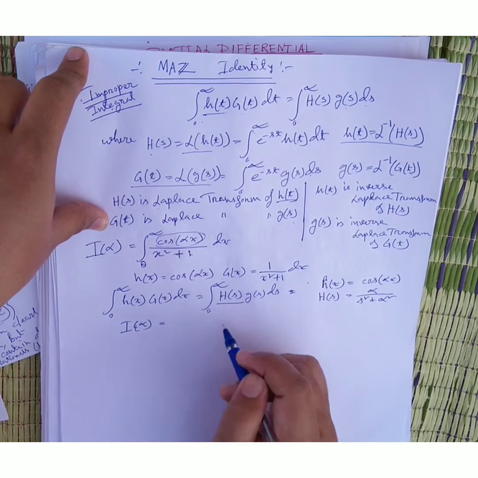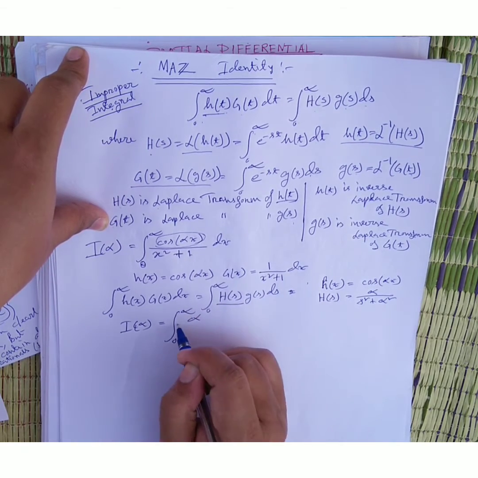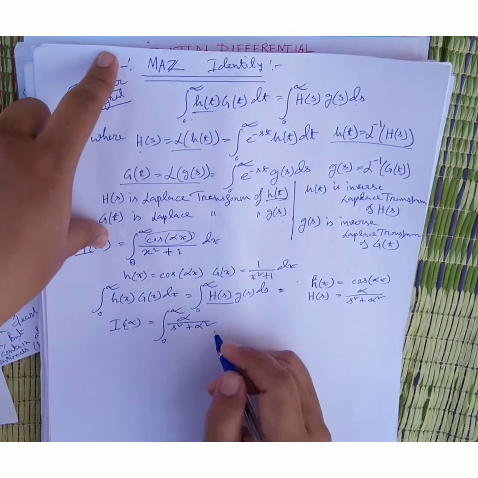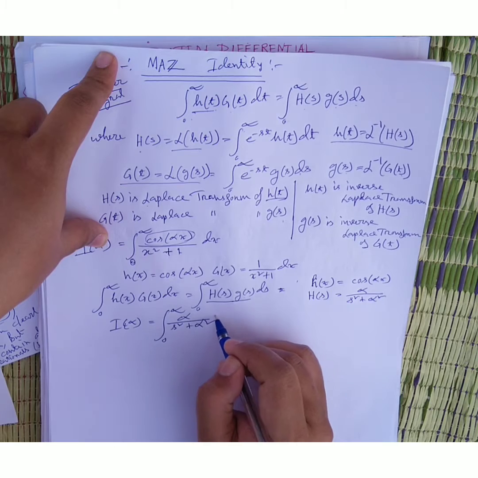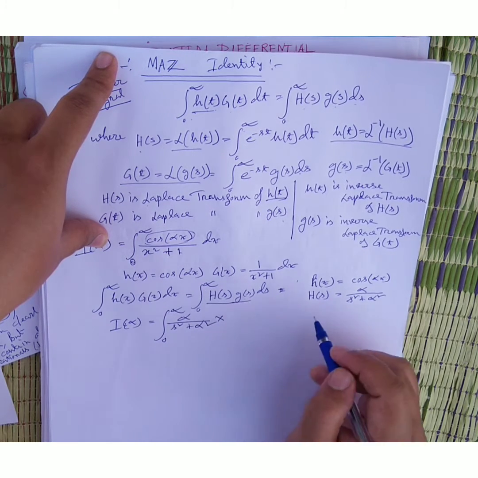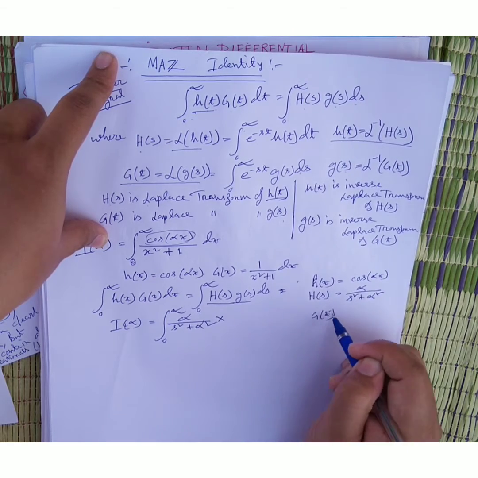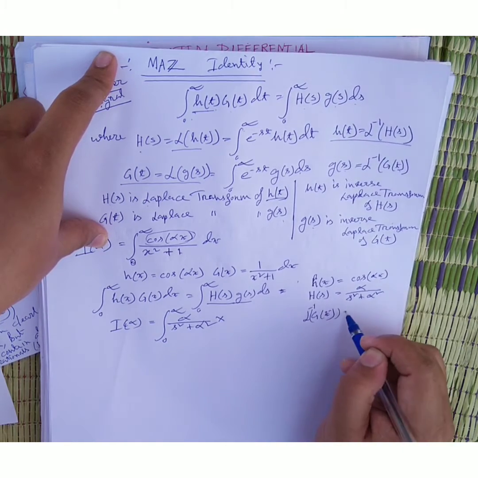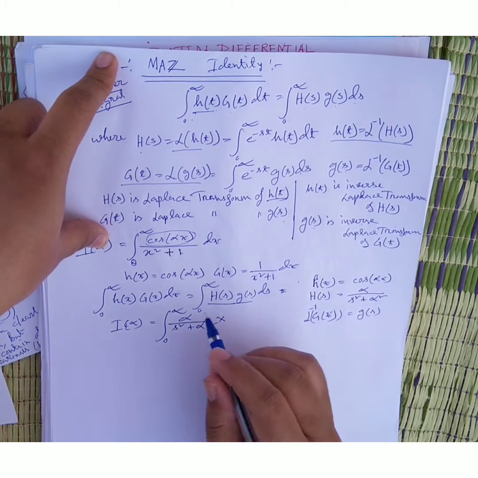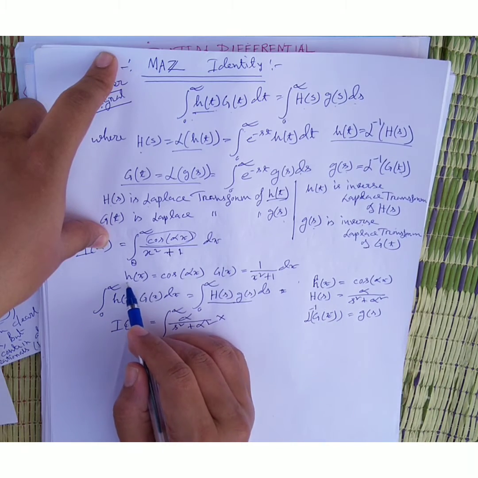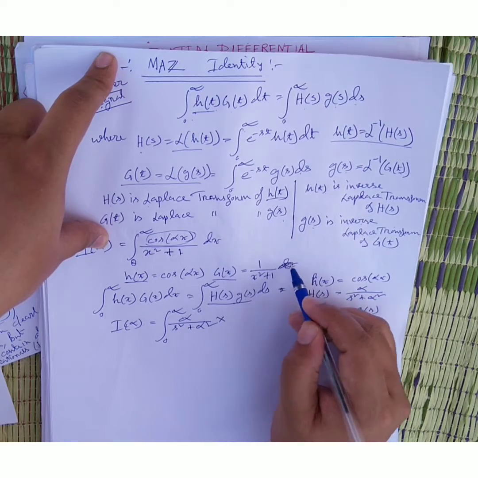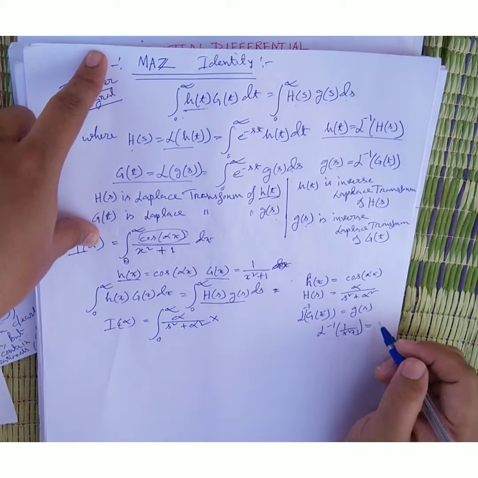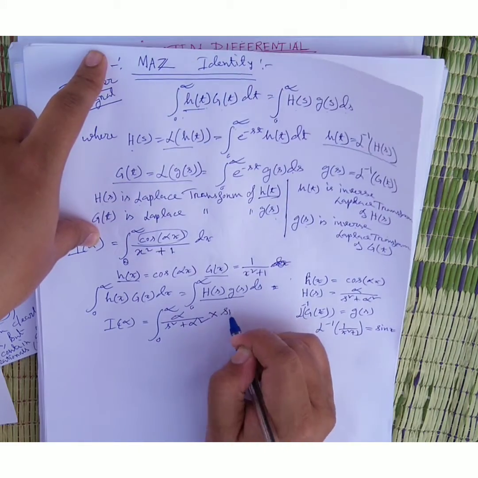So this is H(s). And g(s) is very simple: g(s) is the inverse Laplace transform of G(x), that is L inverse of 1 by x square plus 1, which gives sin x. So I multiply it by sin x dx.